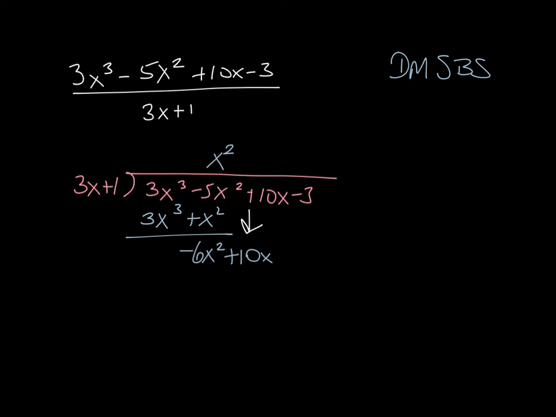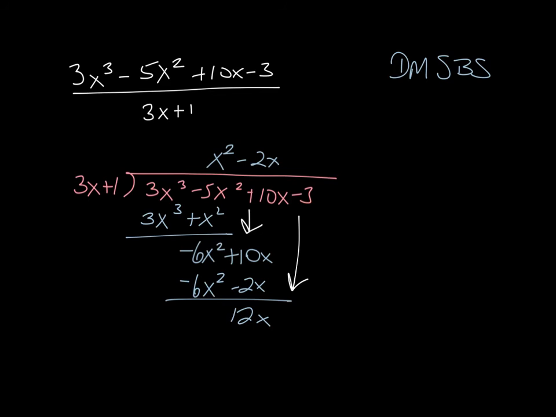Negative 6x squared divided by 3x is negative 2x. We multiply. Negative 2x times the binomial is negative 6x squared minus 2x. We subtract. The first terms cancel, but then we've got 10x minus negative 2x, which is 12x. Almost done.